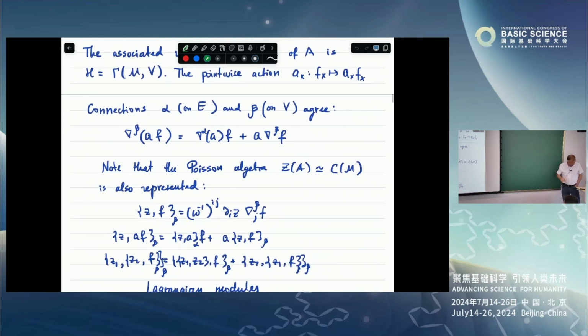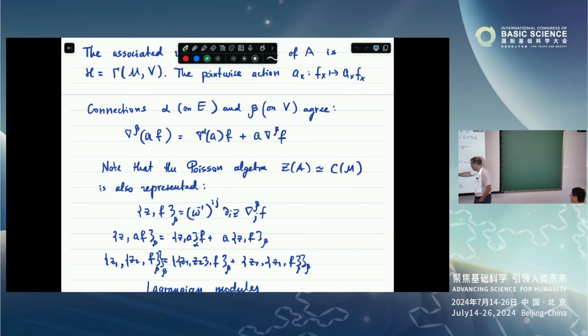And now let's also require that there is a connection on the bundle V such that it's compatible with our Hermitian connection on hybrid observables. Then these representations are a little bit more than we want, in that on these representations we will have represented both structures, the associative algebra and the Poisson algebra structure on the center.